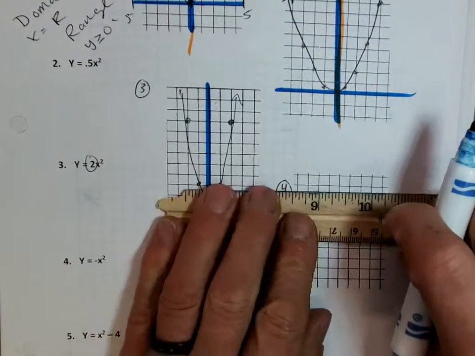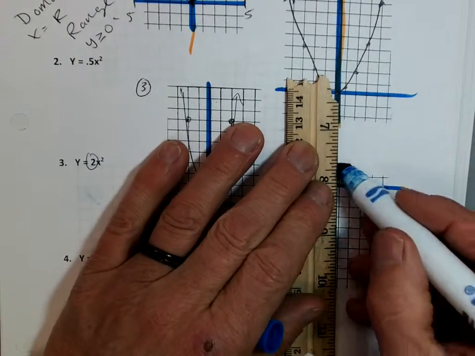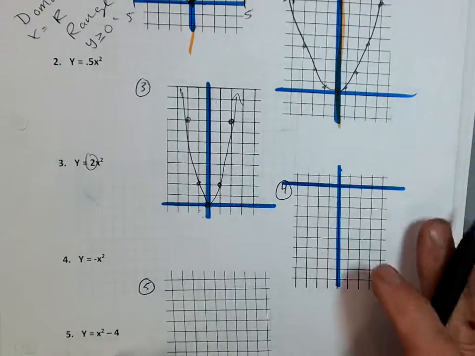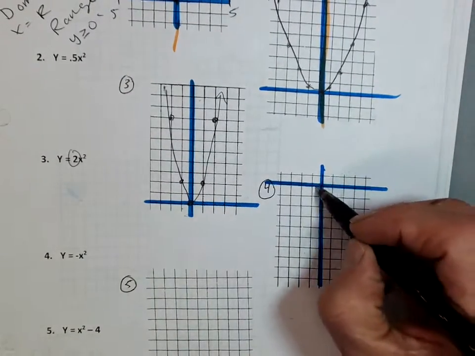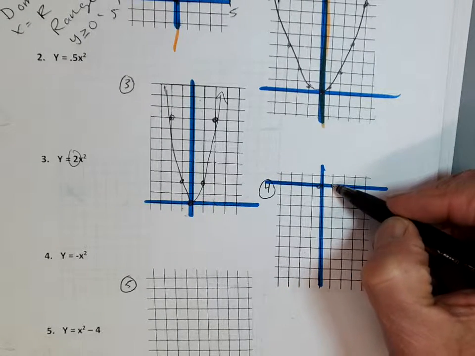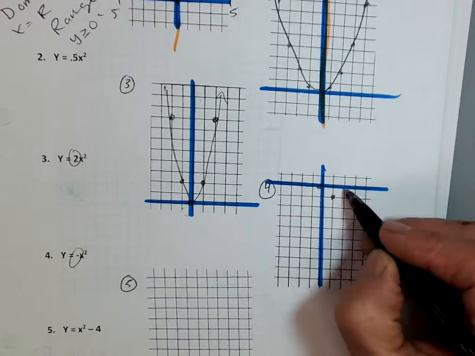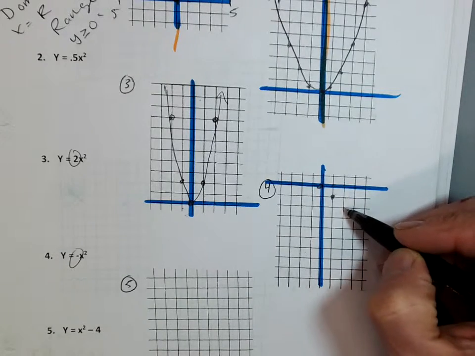So I know it's upside down, so I'll put my x-axis way up here, right? Now watch. We can do this in our brains. 0, 0. Then over 1. What's 1 squared? But then it's upside down, right? Over 2 is 2 squared, but it's upside down. 1, 2, 3, 4.